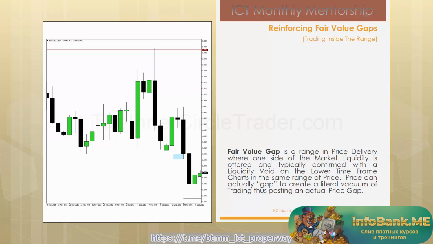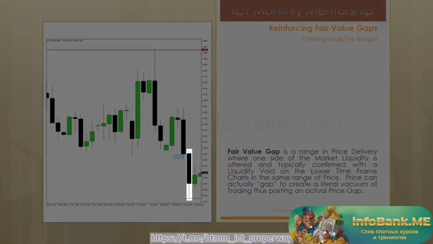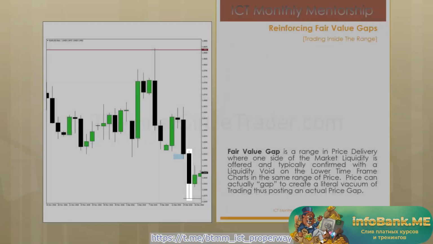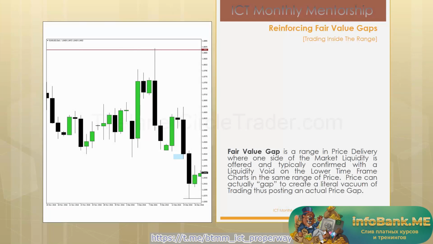As you can see here, the candle to the left of the down candle that comprises the fair value gap, that's this candle here. To the left of that, we have the higher bearish candle, and I'm drawing attention to the fact that it has a down close, but it's come off the low.